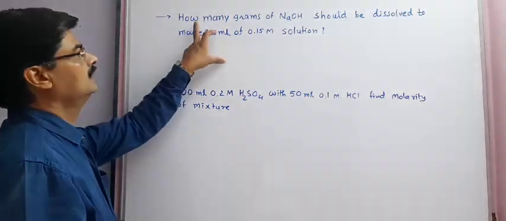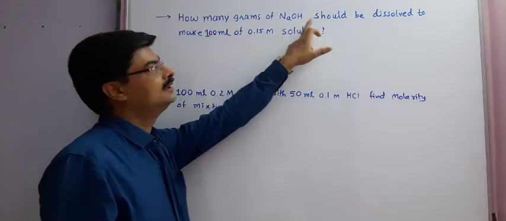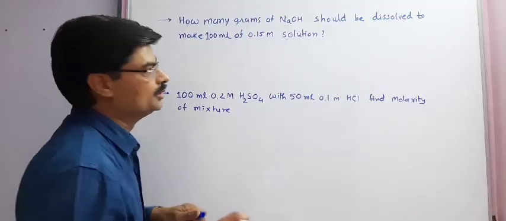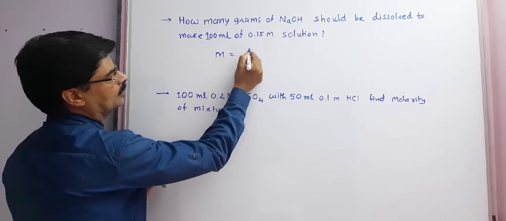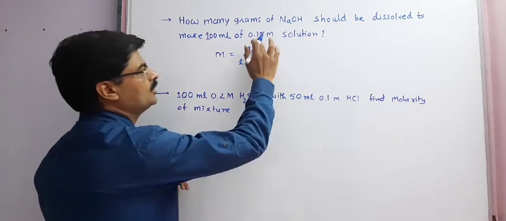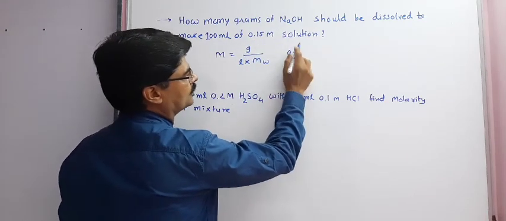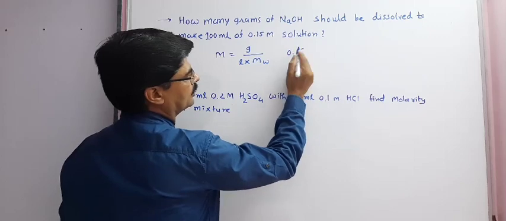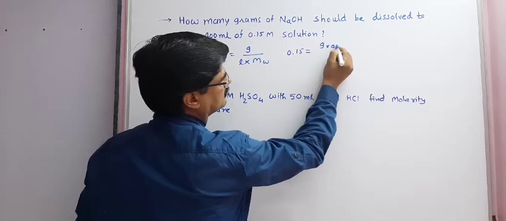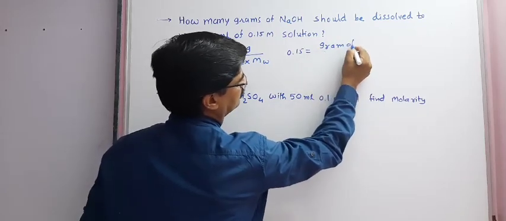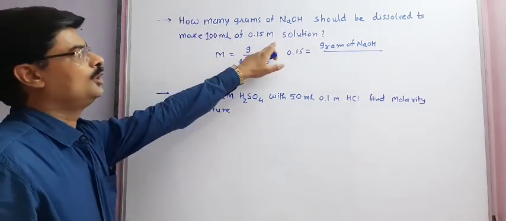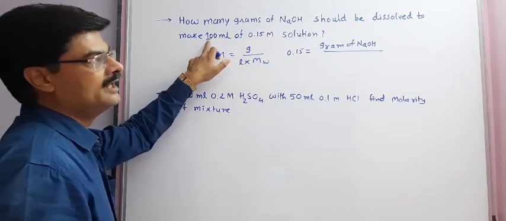Now in the next question, how many grams of NaOH should be dissolved to make 100 ml of 0.15 molar solution? Molarity is equal to grams per liter into molecular weight. The 0.15 molar solution is given, so 0.15 is equal to grams of NaOH, which is asked, divided by the solution, 0.15 and it is 100 ml.